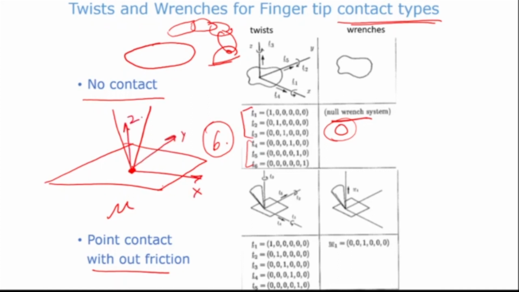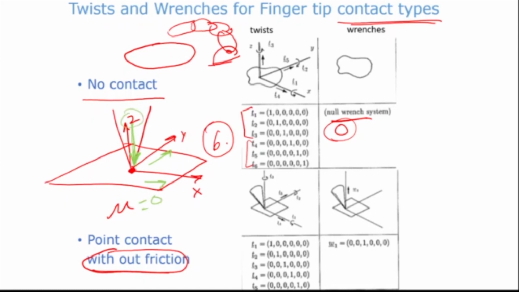Since there is no friction, you can apply a normal force along the z direction, so you can apply a force in this direction. But you can't apply a force in the other directions, because mu is equal to 0 and there is no friction.